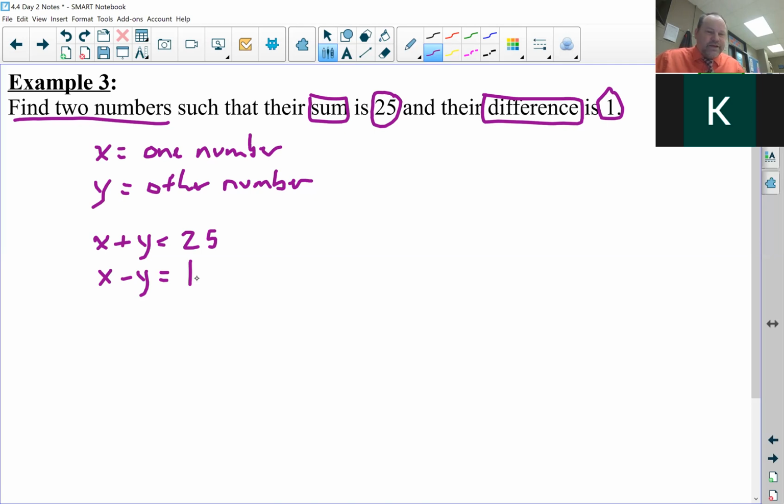I think in this case elimination might be the best method, because I have opposites for my y's. So we can just add. X plus x is 2x. Y plus negative y is 0. 25 plus 1 is 26.